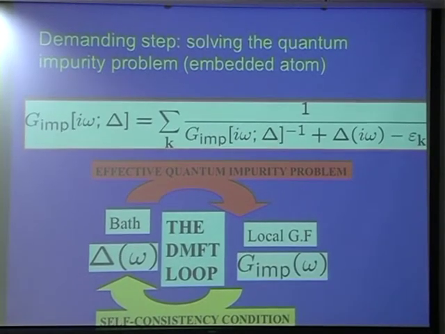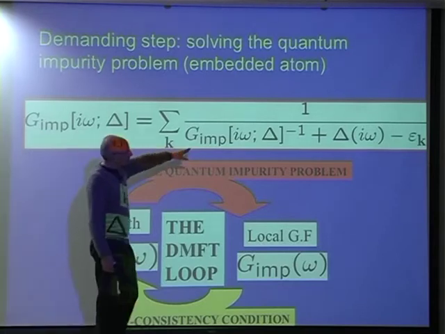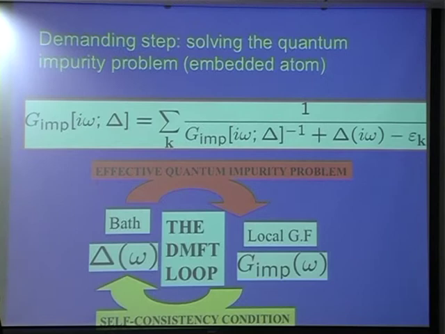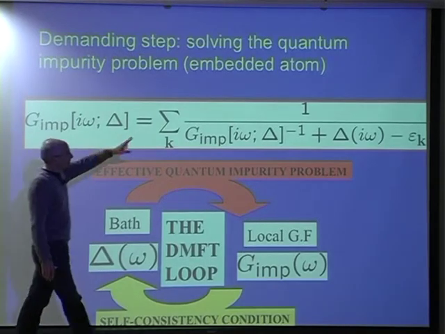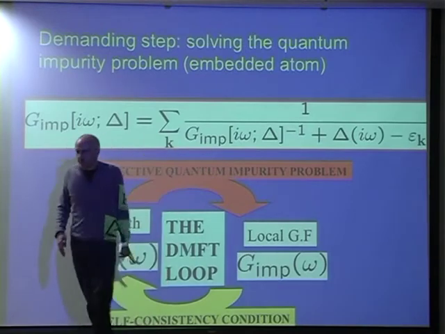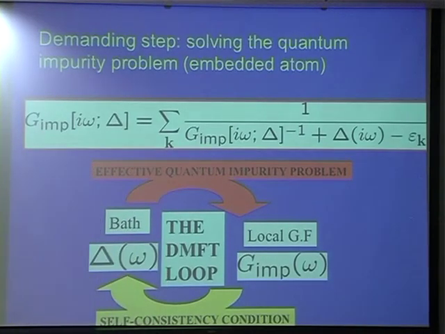However, even though this relation is diagonal in frequency, and it doesn't couple the different frequencies, it's a bit of a nonlinear equation. If you give me a G, I cannot give you immediately a delta. I have to solve this equation one way or the other. So let me make it a little bit simpler.